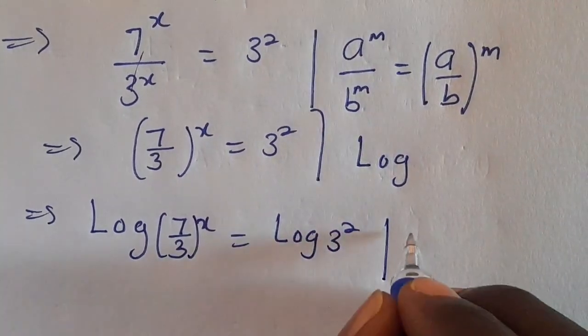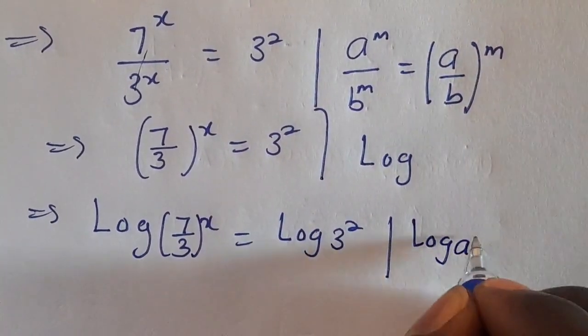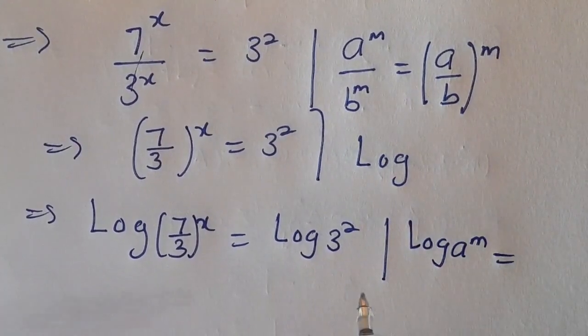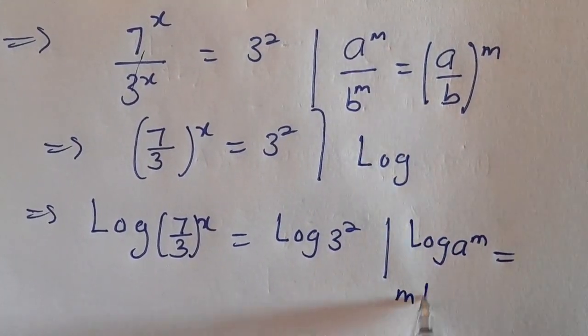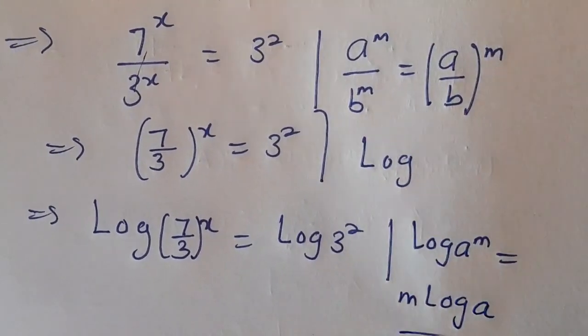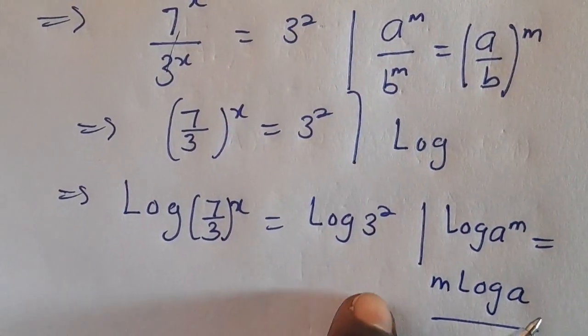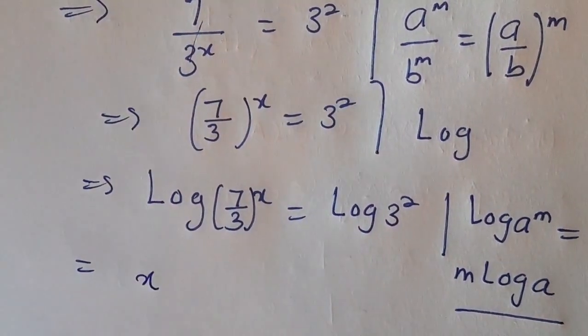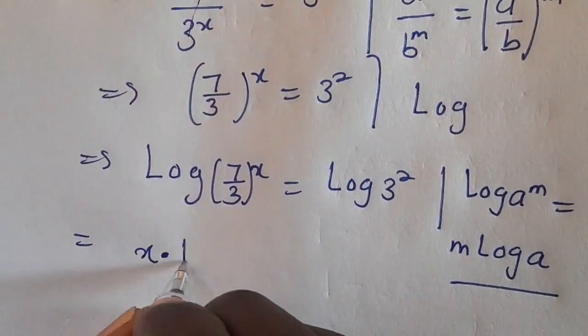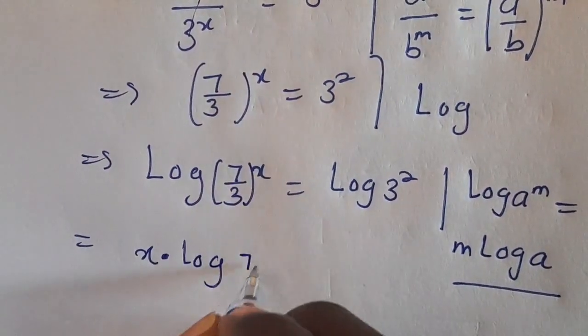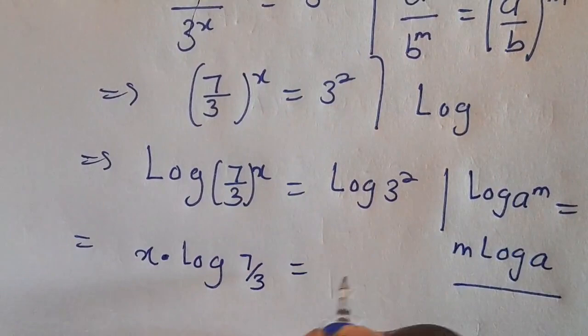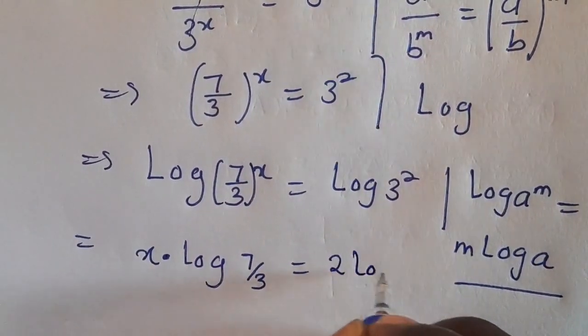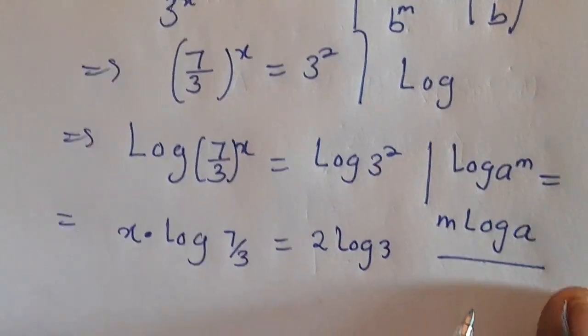And mind you again that when you have log of a to the power of m, this equals m log a. So by applying it here and here, we are going to have x, then multiply by log 7 divided by 3 equals 2 log 3.